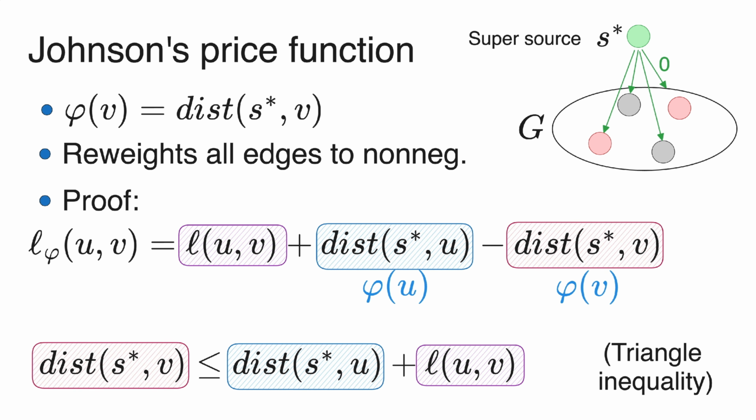So after rearranging, we know the reweighted length of uv becomes non-negative, and this holds for every uv. But the problem is that computing this price function requires solving another single source shortest path problem. So if you naively apply this price function, it won't make the problem easier. You need to utilize some graph structures.